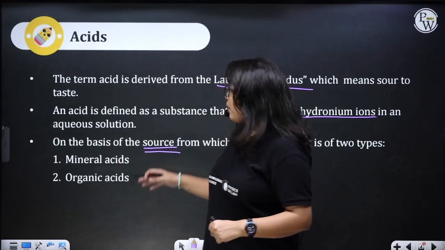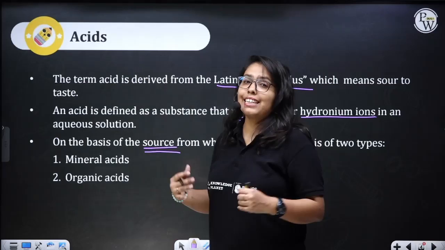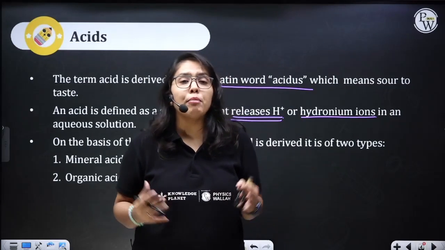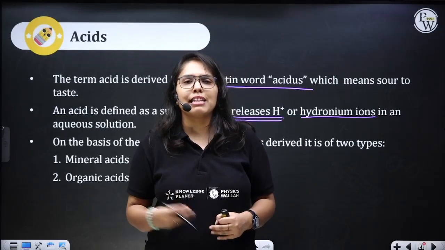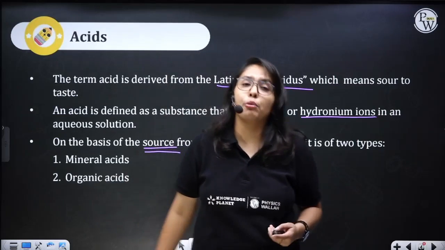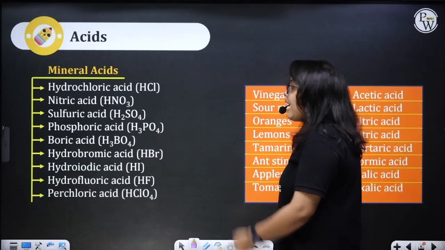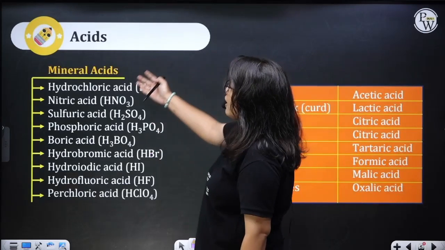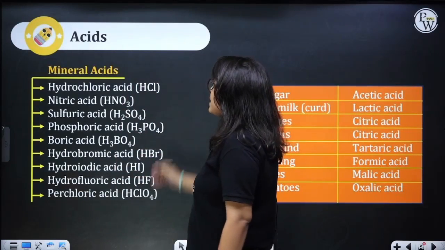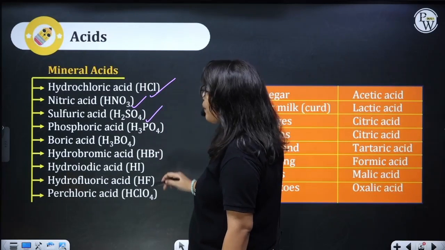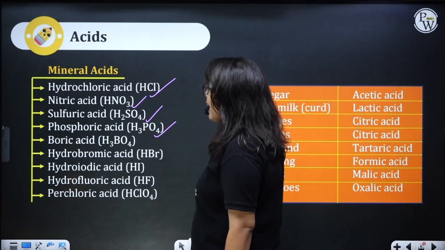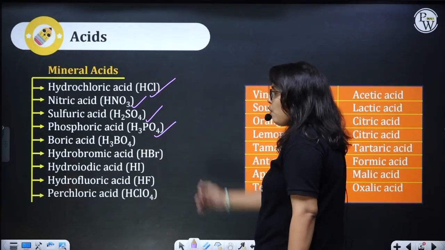And organic acids are acids that are obtained from living organisms, that is plants and animals. So here are a set of examples for mineral acids, which includes hydrochloric acid, nitric acid, sulfuric acid, phosphoric acid, and so on.